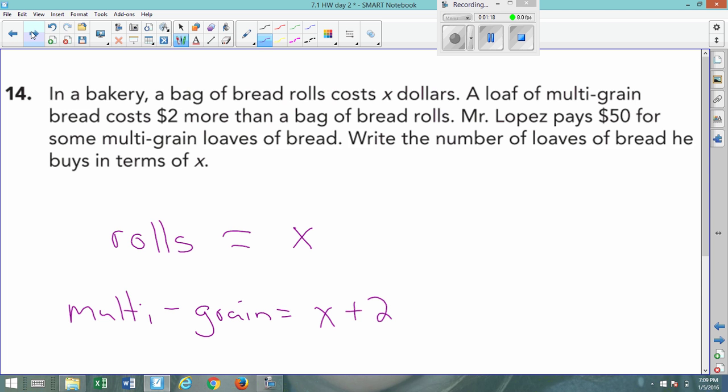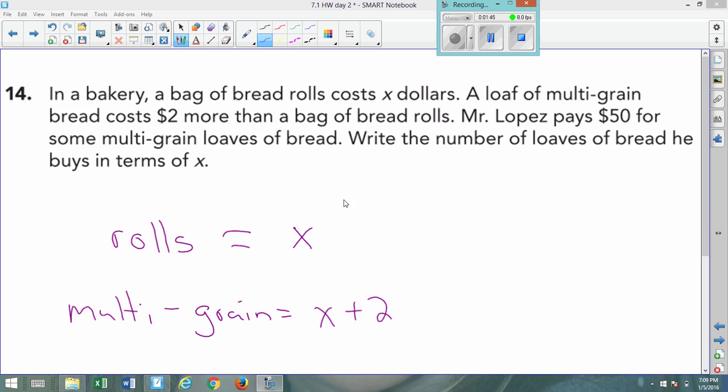In a bakery, a bag of bread rolls costs X dollars. A loaf of multigrain bread costs $2 more than the bag of bread rolls. Mr. Lopez pays $50 for some multigrain loaves of bread. Write the number of loaves of bread he buys in terms of X. Okay, so we know that the bread rolls cost X dollars, so we write that down.